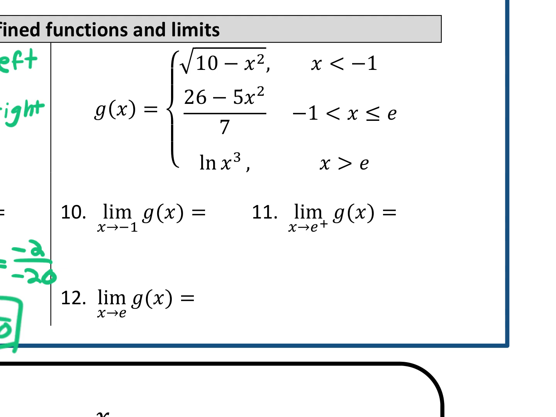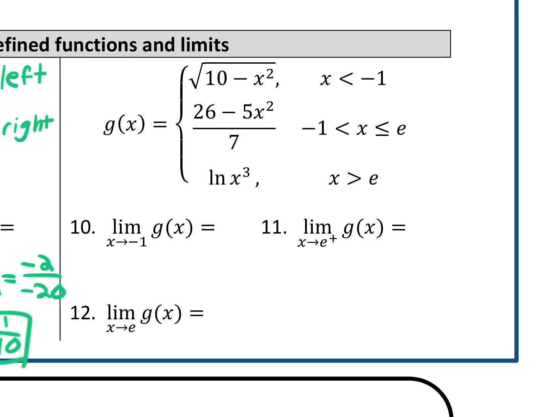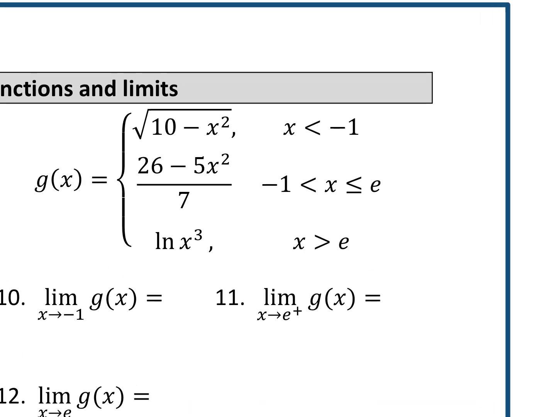All right, similar story with this next one. Again, this is another one that looks a little bit harder than it actually is, but it's just because there are 3 functions here. So let's look at this first one. We have x is less than negative 1. What does that mean? We're looking at this particular function from the left.